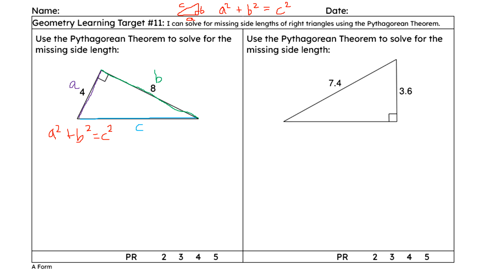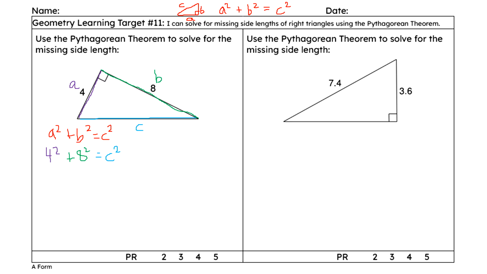So my A value is 4, so I'm going to say 4 squared. My B value is 8, so I'm going to say 8 squared. And then my C is my unknown, so here's my C squared.